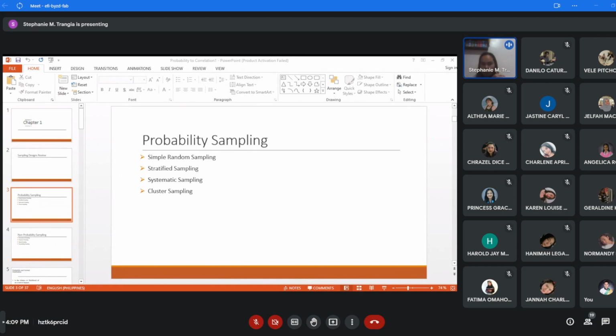The major drawback of simple random sampling, class, is when there is a majority group inside our target population. For example, if our target population has 40 medtech students and only 20 radtech students, that's a problem because of the majority group.